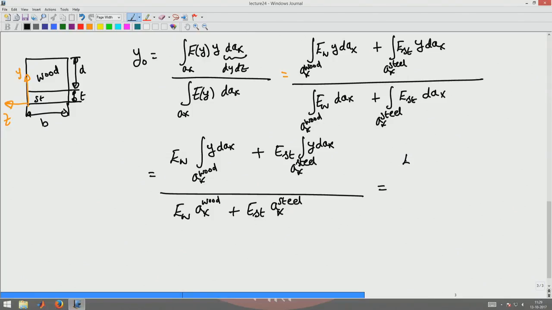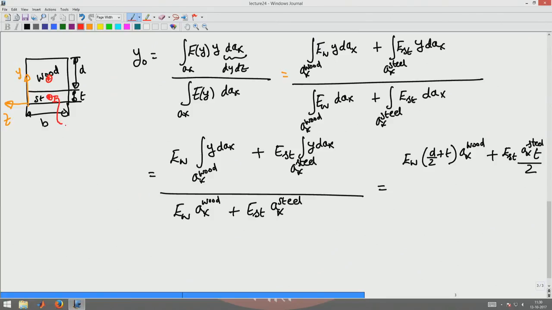So, that will be E wood, and the center of the wood region, measured from the origin assumed, would be d by 2 from the wood bottom surface, but from the steel bottom surface it will be d by 2 plus t, into the area of wood, that will be the integration of y dAx over Ax of wood, plus E steel into the area of steel into t by 2. t by 2 is the distance of the center of the steel from the bottom fiber.